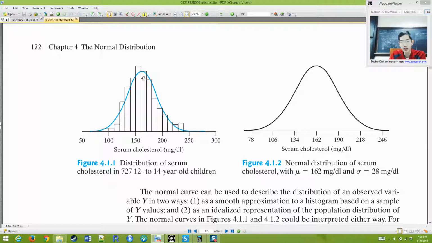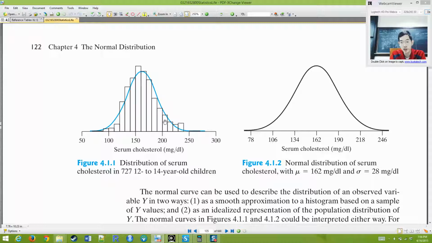The histogram looks like this, and they are trying to approximate this histogram using the blue curved line, which says this is a normal distribution, okay? So it's not a perfect fit, but it's not terrible either. It's a fairly good approximation, meaning that cholesterol levels around 150, 160, these are quite common.